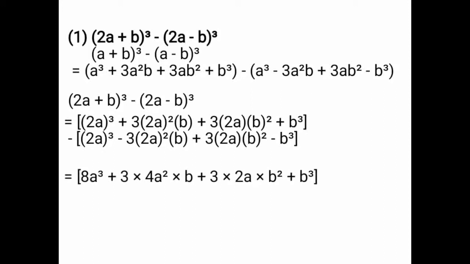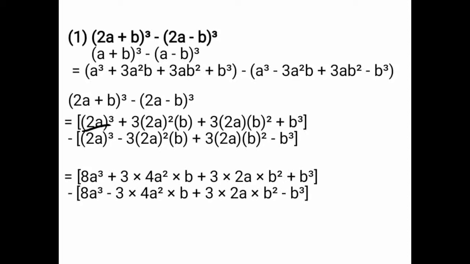That is equal to 8a^3 + 3 x 4a^2 x b + 3 x 2a x b^2 + b^3 - [8a^3 - 3 x 4a^2 x b + 3 x 2a x b^2 - b^3]. After writing the expansion form of the formula of (a + b)^3 - (a - b)^3, you have to put the brackets compulsorily until the final step comes.